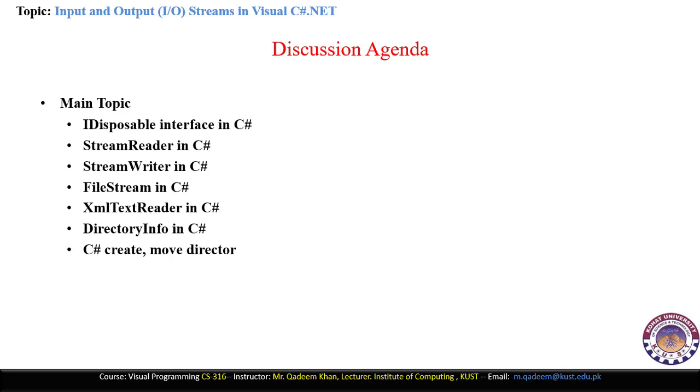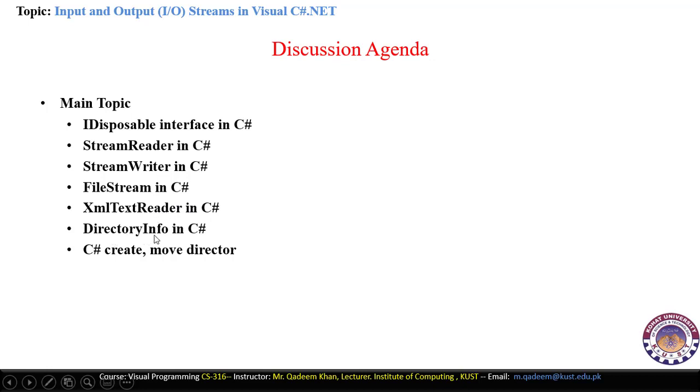This is the discussion agenda. It contains the topics of the IDisposable interface in C Sharp.net. Then we have the stream reader in C Sharp. Then we have the stream writer in C Sharp and file streams in C Sharp.net. XML text reader in C Sharp.net. It is very important to read the data from XML files.